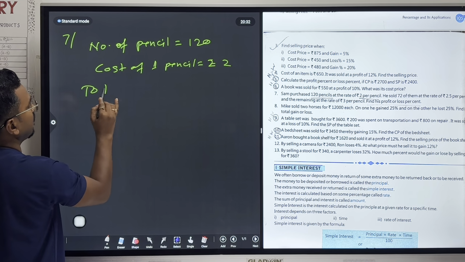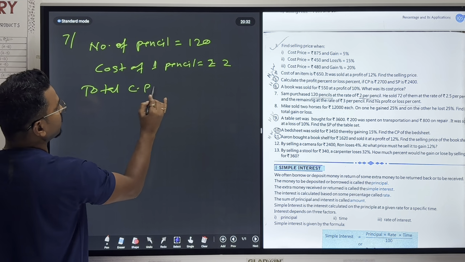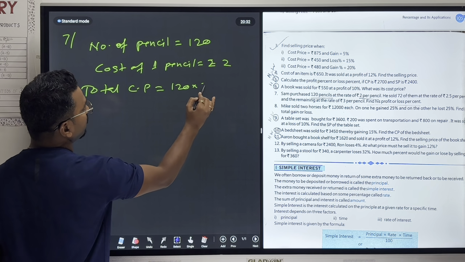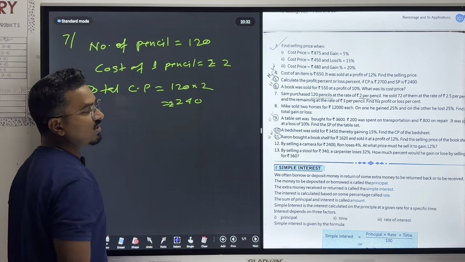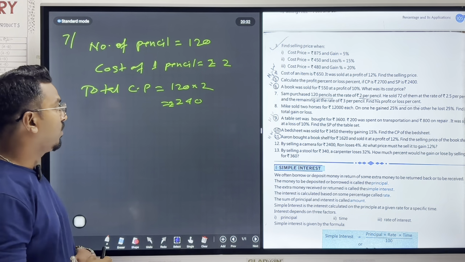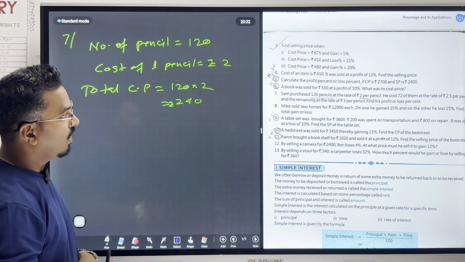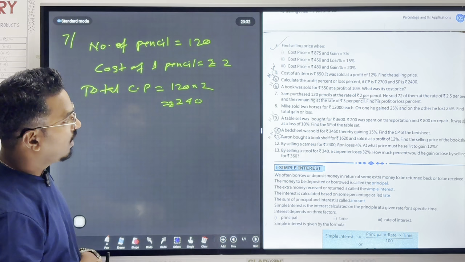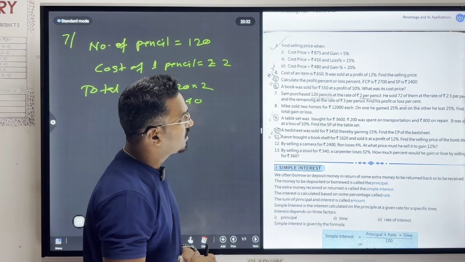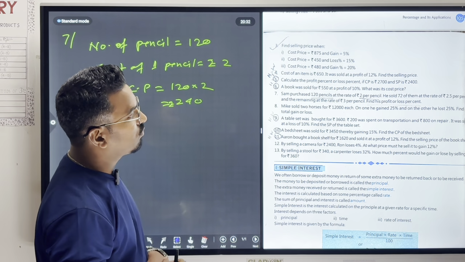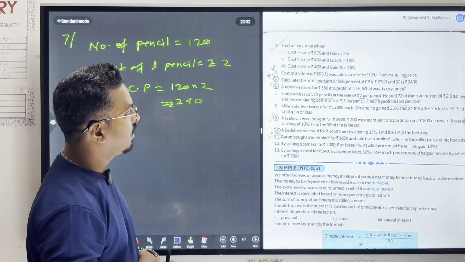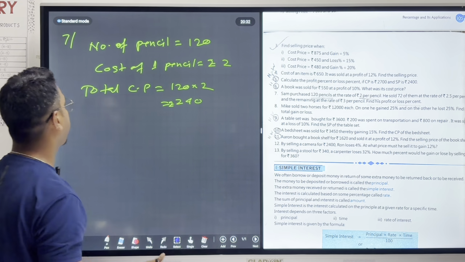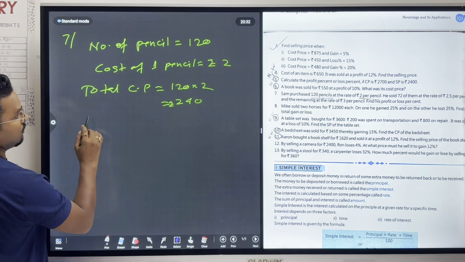So what is the total cost price? 120 into 2, how much rupees? 240 rupees. So total cost price is 240 rupees. Okay. Now he is selling how many? 72 at the rate of 2.5 per pencil and the remaining at the rate of 3 per pencil. Okay. So here what we will do?